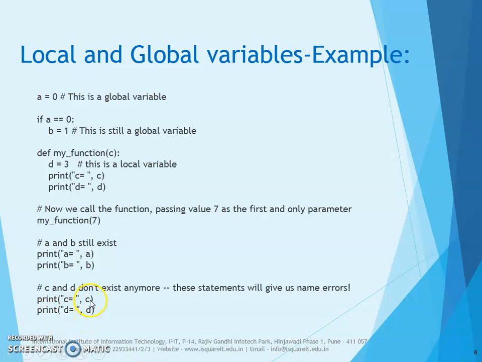If you check, c and d are both local variables to this function. We cannot access these two variables outside this function body. So these two lines will give us an error. You can just type this code and execute. These two lines will give us an error.